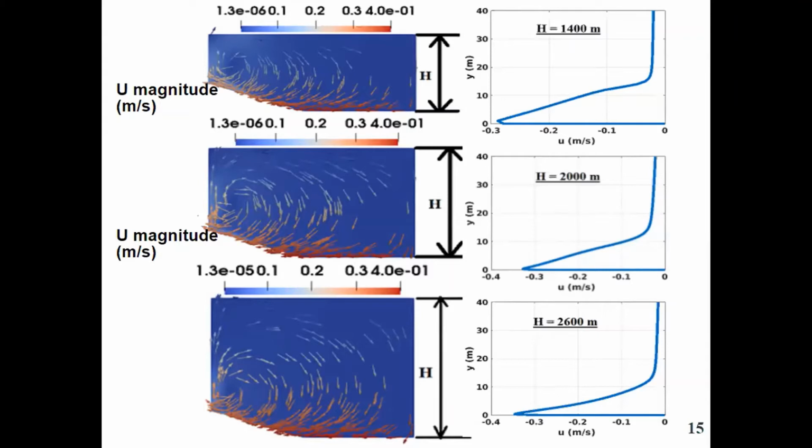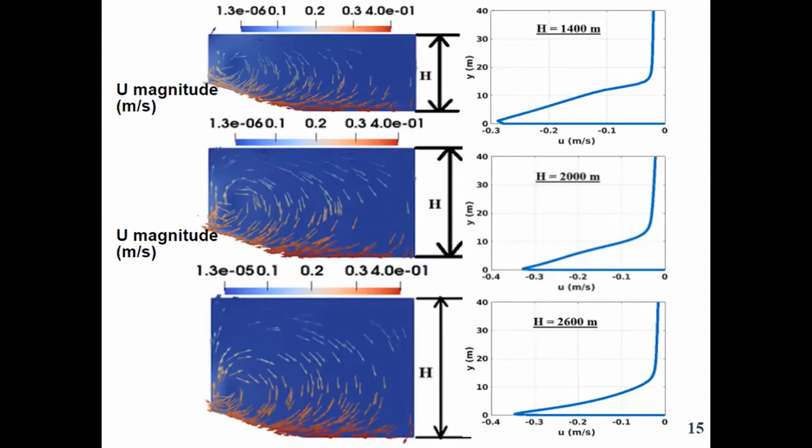Here you can see the effect of domain height. As the domain height is changed, you can see the change of the atmospheric boundary layer. We looked at what height there is no significant change in the Umax on the mountain slope.